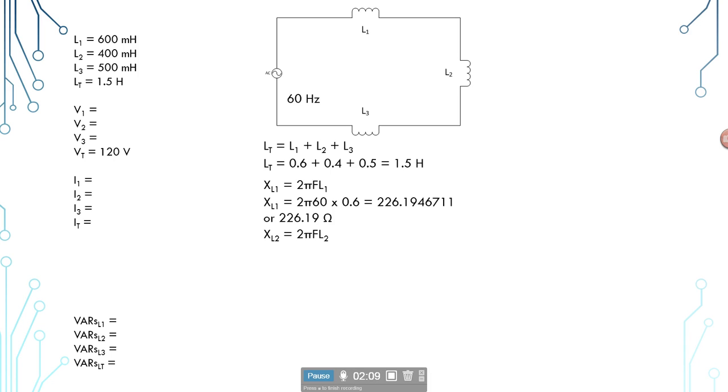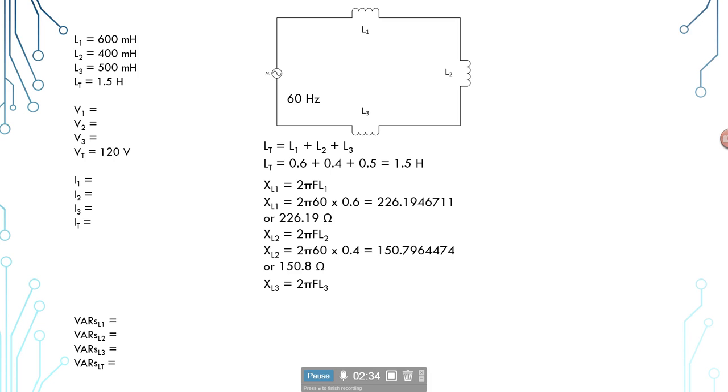X sub L2, we use the same process, just different inductance, and so it'll be 2 times pi times the frequency times the inductance of the second inductor. So 2 times pi times 60 times 0.4 to give us, rounded off, 150.8 ohms.